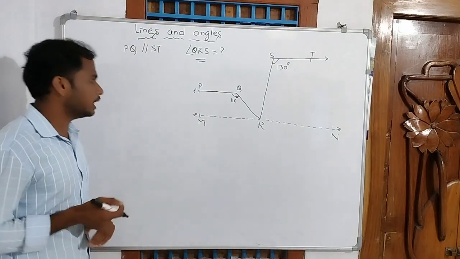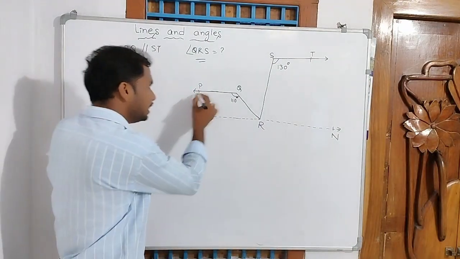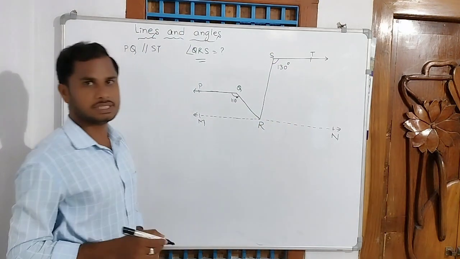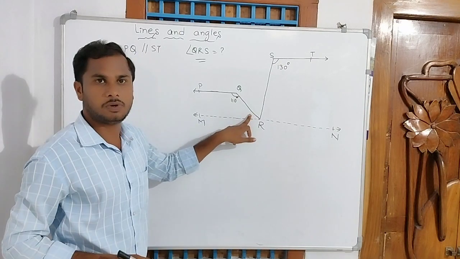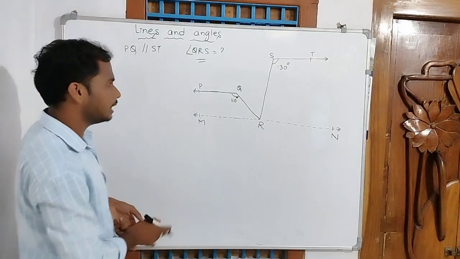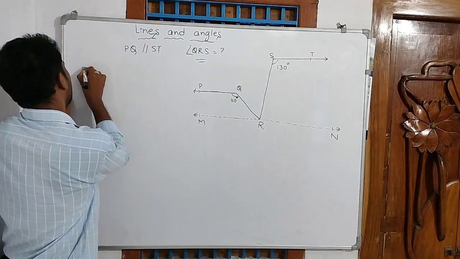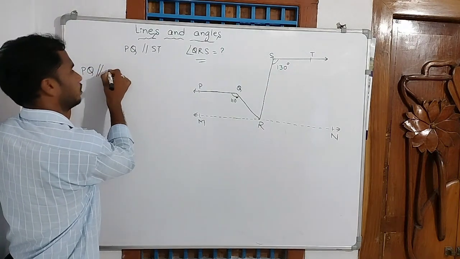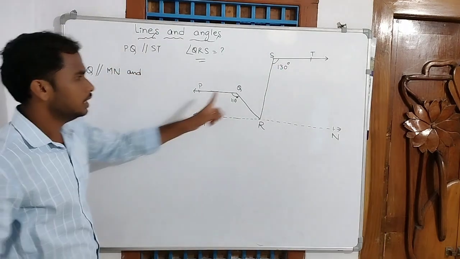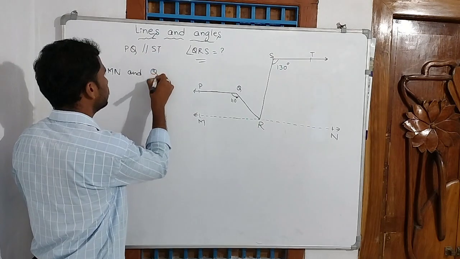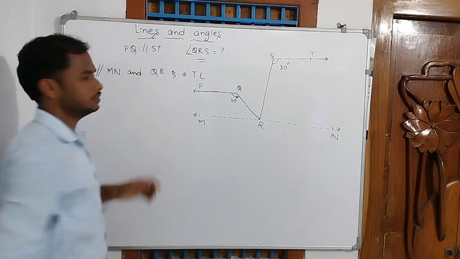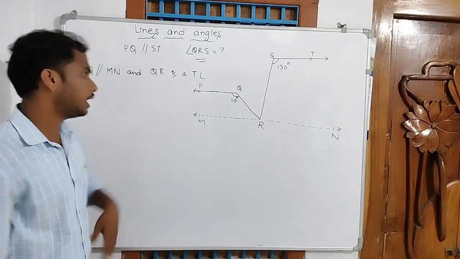Just observe here: PQ is parallel to MN and QR is a transversal line. Then these two angles are co-interior angles.